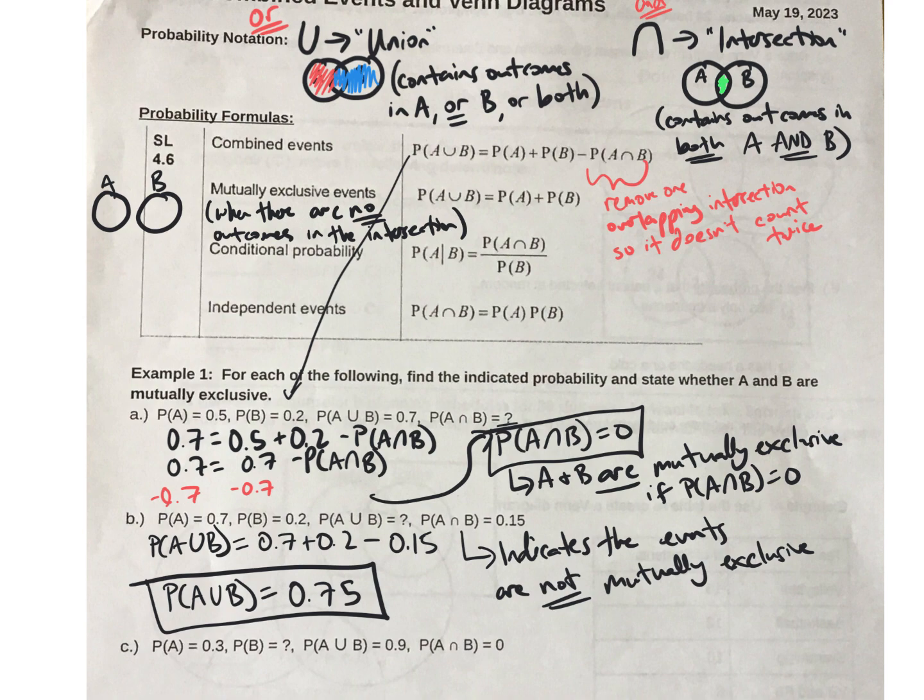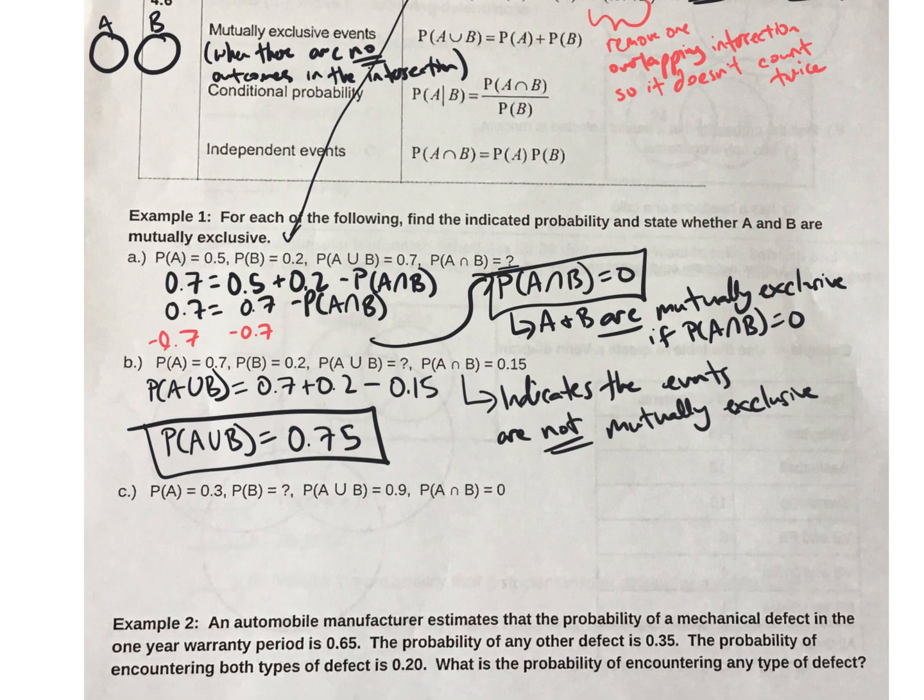All right, and then part C, the probability of A equals 0.3. We're trying to find the probability of B, and the probability of A or B is 0.9, and we know the probability of A and B, the intersection, is 0. So we can also use the same formula.